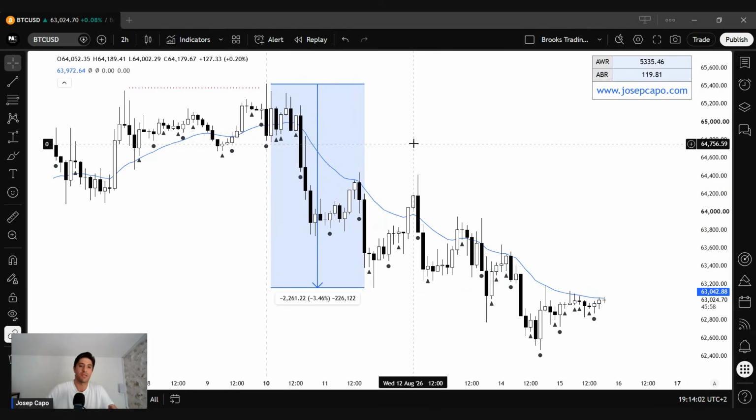However, I know that if we are approaching this, in this case, $5,300 that is moving every week on average, then I should expect more trading range price action.